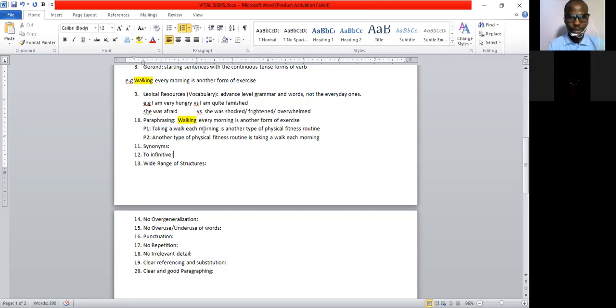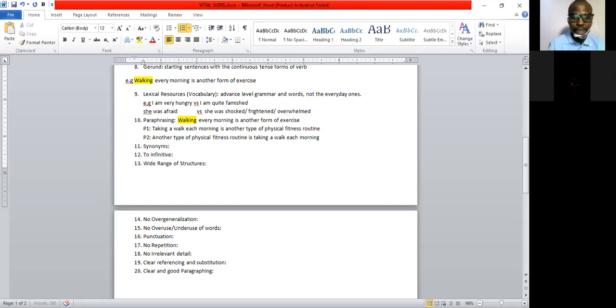Each has been replaced with every. Another type of physical fitness routine; we didn't say another form of exercise. We said form of, type of physical fitness routine, exercise. So instead of exercise, we say physical fitness. So synonym is all about IELTS, and IELTS is all about synonyms. So you must do that.